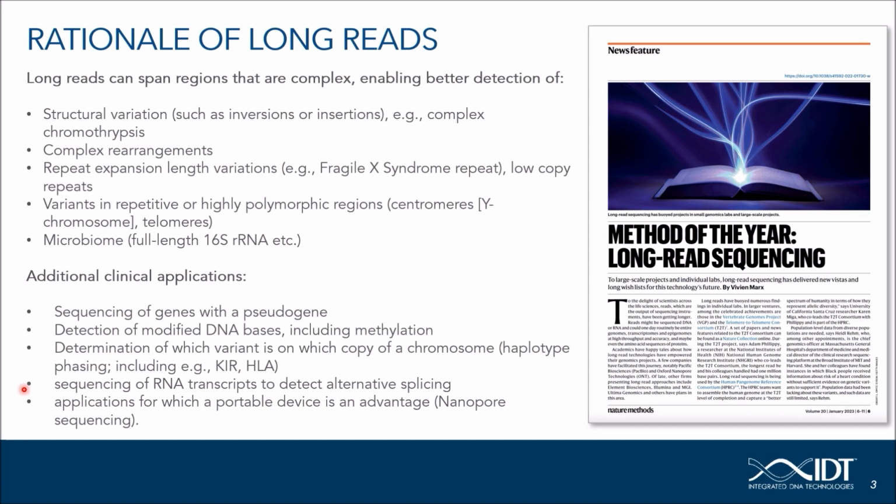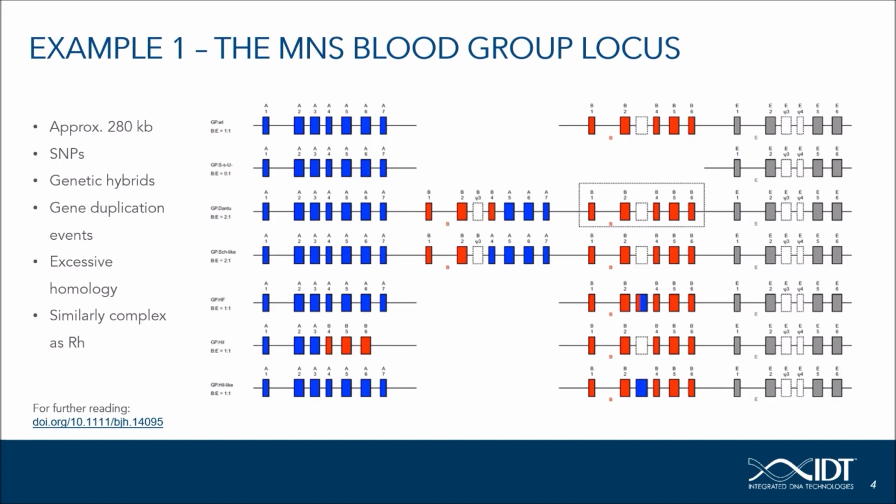Or applications, of course, where a portable device is of an advantage if you work with the Oxford Nanopore system, for example. So let me just give you two examples from our own research where long-read sequencing is beneficial.